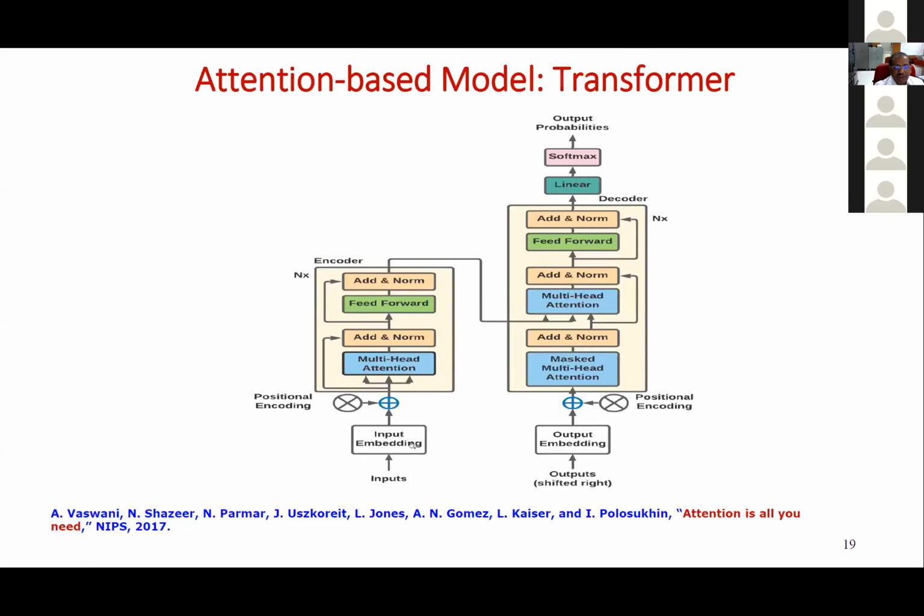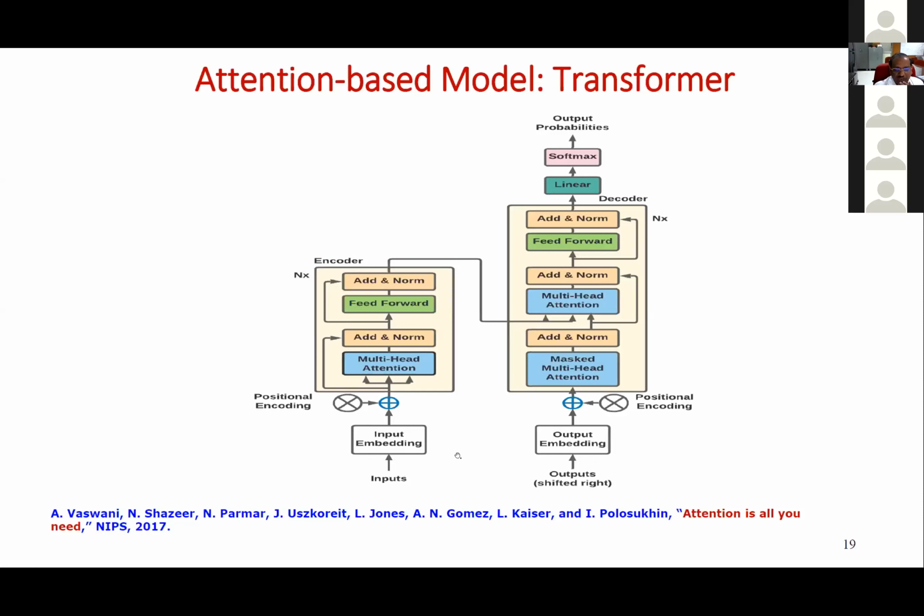Typically, this input embedding and output embedding depend on the type of data that we are dealing with. If it is text data, then we typically use what is called an embedding of words. There are many types of word embedding representations, like word2vec representation or GloVe representation. Or if you are talking about speech data, we use speech signal processing methods to extract certain features from the speech signal and then use that as the input sequence.